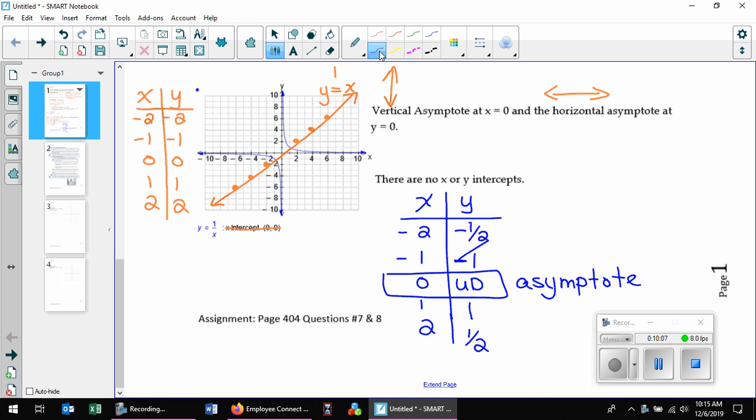Okay, so this one and this one, these are my invariant points because they were the exact same on the original graph. So those are my invariant points. They didn't change.